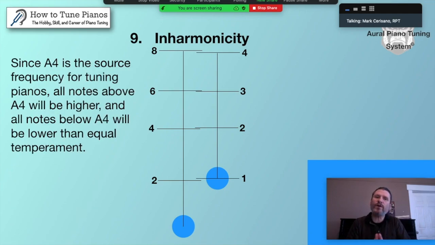Now, A4 is the source frequency for tuning pianos when you tune by ear. So all notes above A4 will be higher than equal temperament if we're tuning the octaves to sound good. And all the notes below A4 will be lower than equal temperament if the octaves are going to sound good.